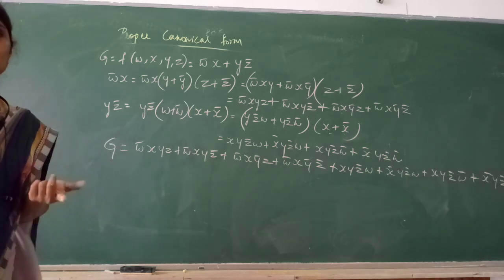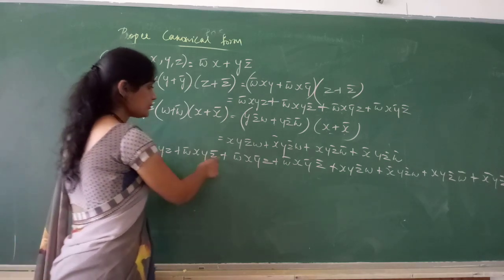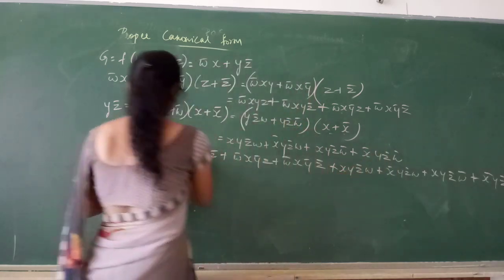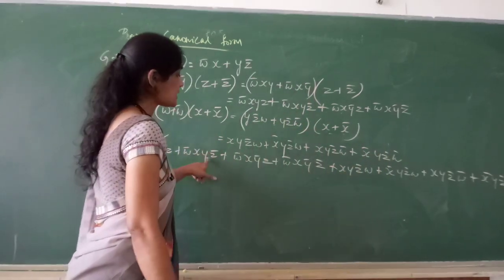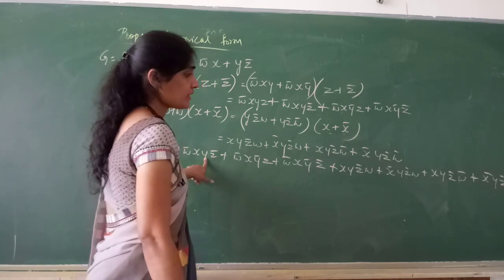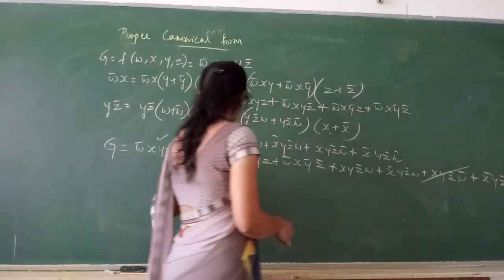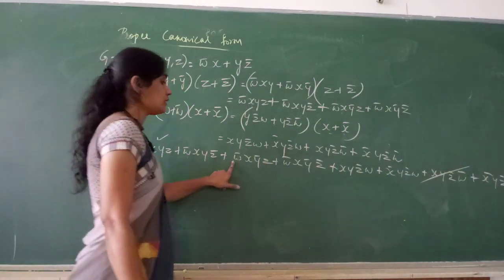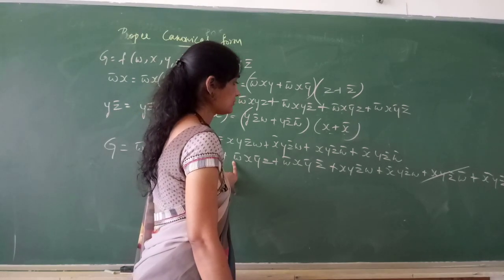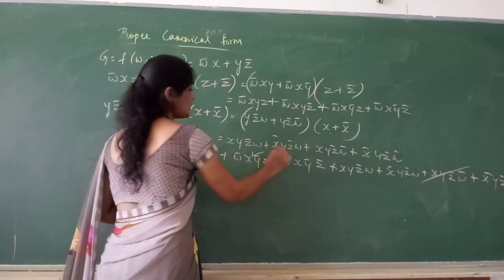Now the next job is to check whether any terms are repeating or not. W bar x y z: only once. W bar x y z bar: yes, here we have w bar x y z bar, so I write it only once. Then w bar x y bar z: only once, so I take this.